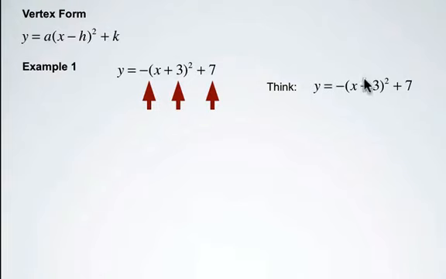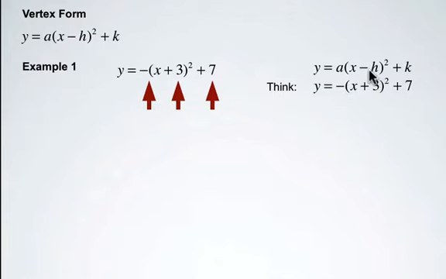We have our quadratic expression in vertex form, and remember that it corresponds to these coefficients represented by a, h, and k. So our a is negative 1.